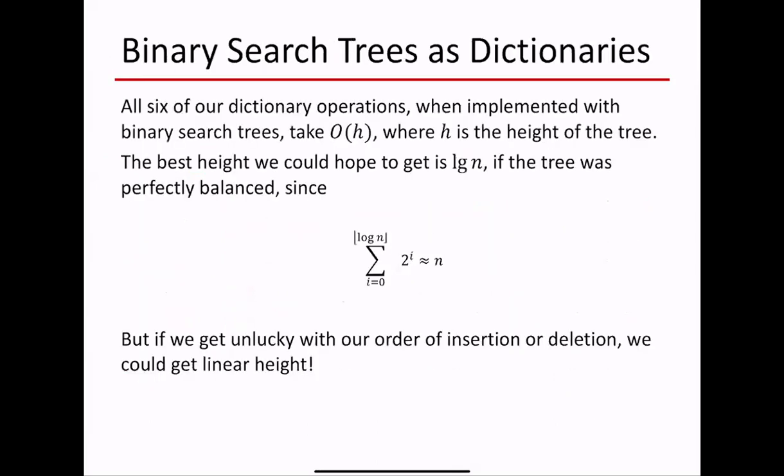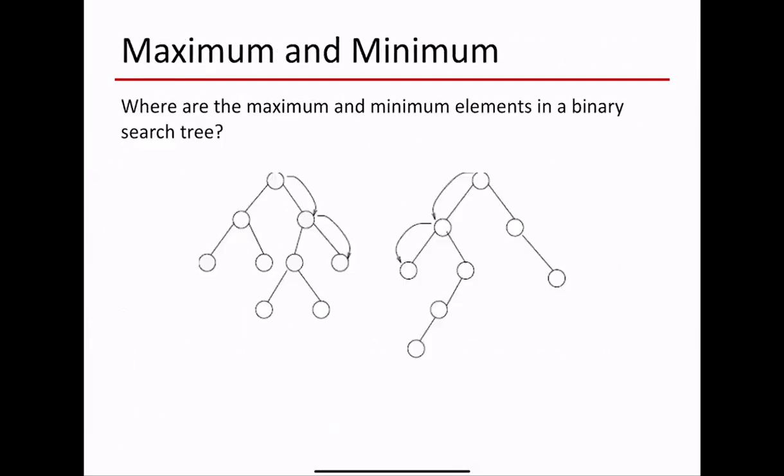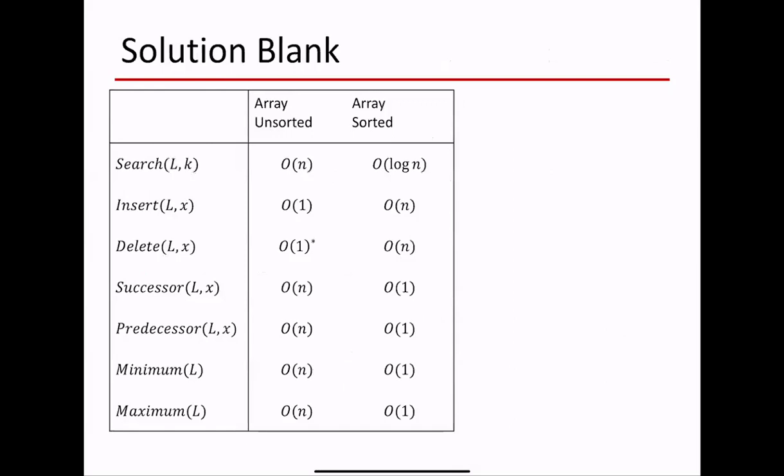Okay, binary search trees in dictionaries. All six of our dictionary operations, when implemented with a binary search tree, BST, take time a function of height H. We talked about insertion, successor, predecessor, deletion, and search in the BST. And min and max are easy, right?